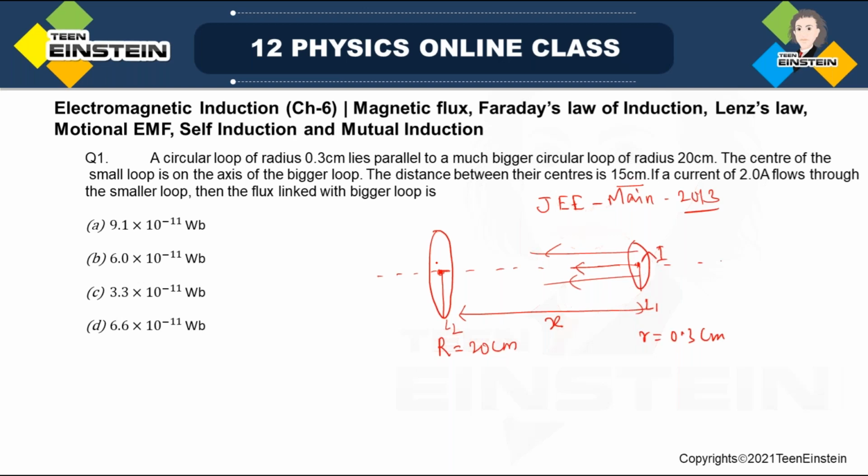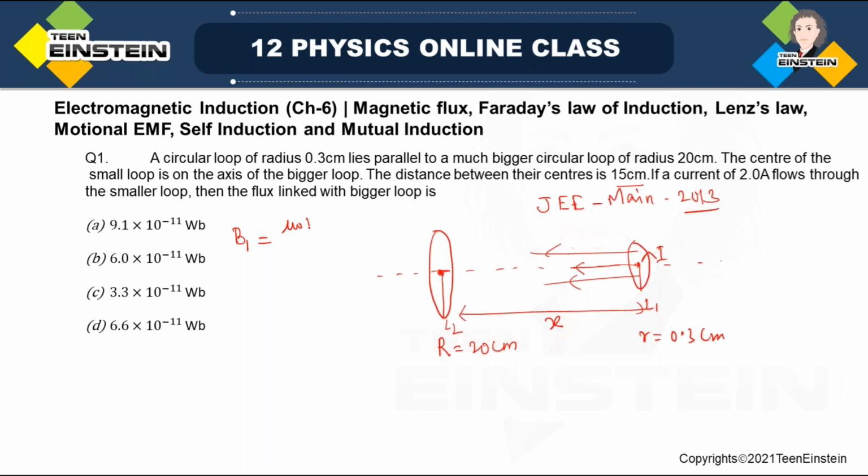So field due to the current loop 1 at an axial point, we can find out. This is the smaller radius. So the magnetic field, let us say B1, is created by loop 1 at this particular position, at the center of the bigger loop.